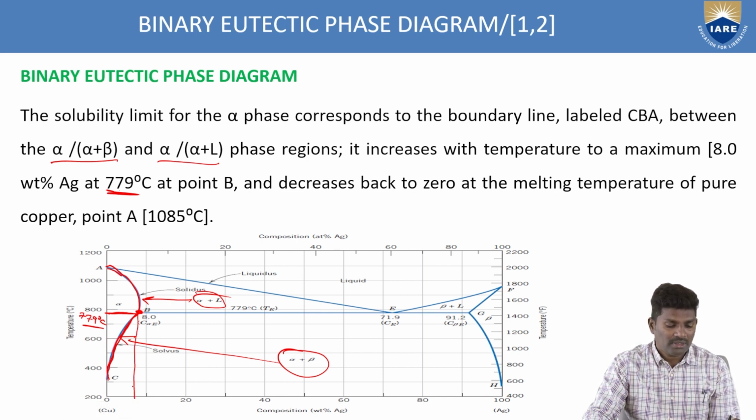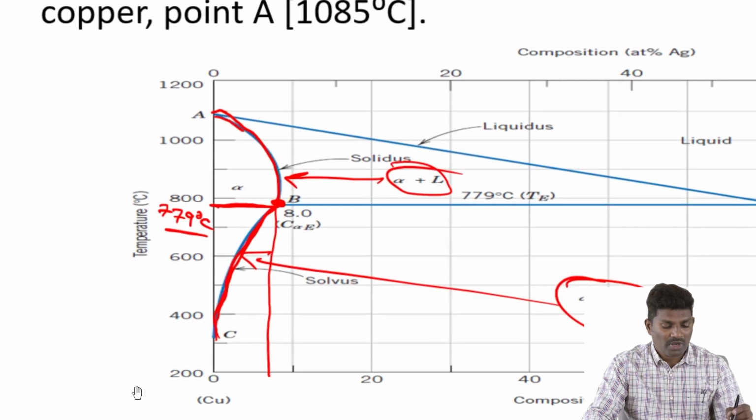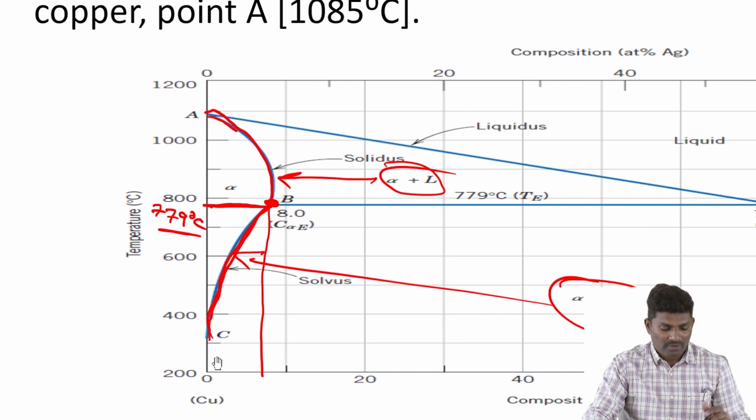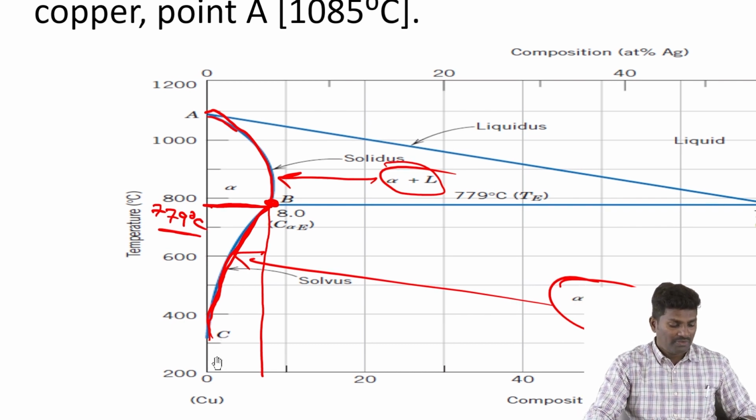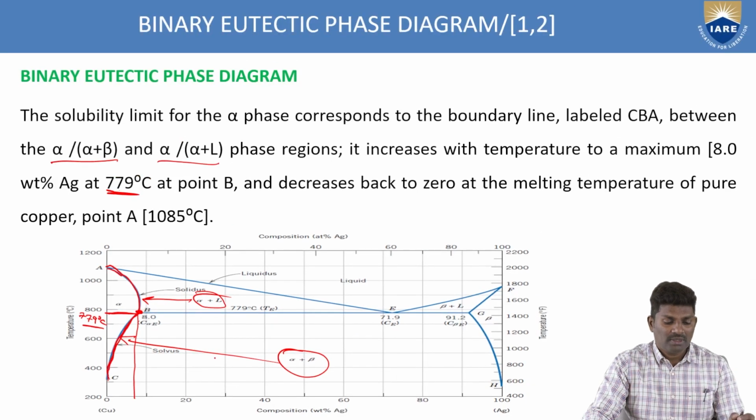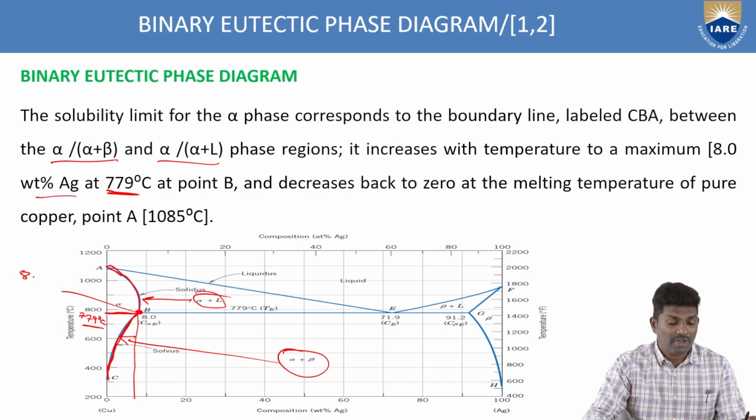If you slowly drop here, at this point it starts with 0. At this point, you have a weight percentage of silver of 8. So that's why we are writing 8 percent of silver. So at this point, you have 8 weight percent of silver.